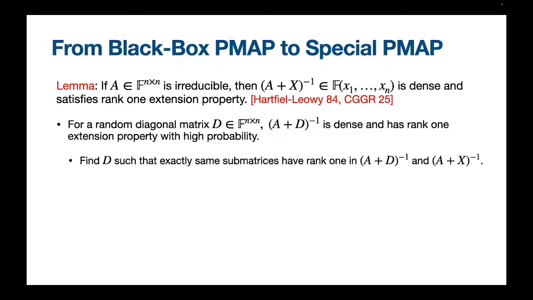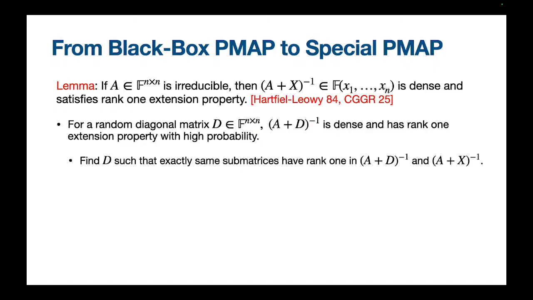And now the second part is that we have to argue that it has this rank 1 extension property. For that we will ensure that whatever submatrices in A plus X inverse have rank 1 will also have rank 1 in A plus D inverse. We can ensure that by arguing that every 2 cross 2 submatrix in A plus X inverse that has rank 2 will again have rank 2, because it is again a PIT instance with at most n variables and degree also not very large.